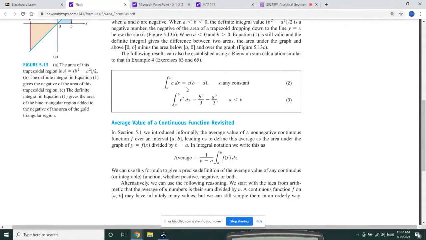Notice in this integral, this is just a constant. That would equal c times b minus a. Next, we have the integral from a to b for x squared. That's equal to b cubed divided by 3 minus a cubed divided by 3.